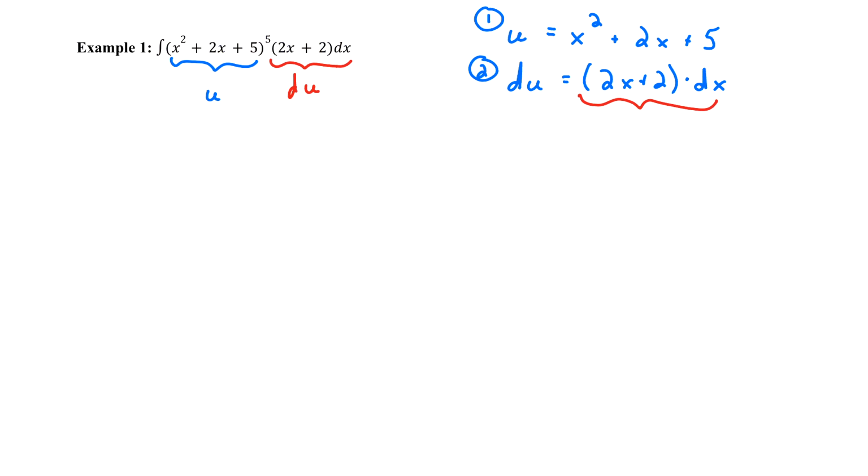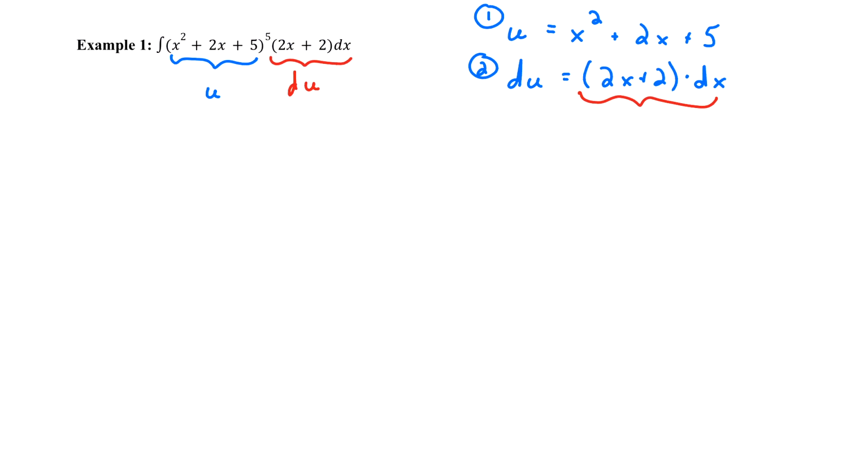Step 3, if you need to, is to solve for other parts of the integrand. We don't need to do that here. We'll see some examples on the next page where we do, usually with a little multiplication or division. But in this case, the substitution works out really nicely.